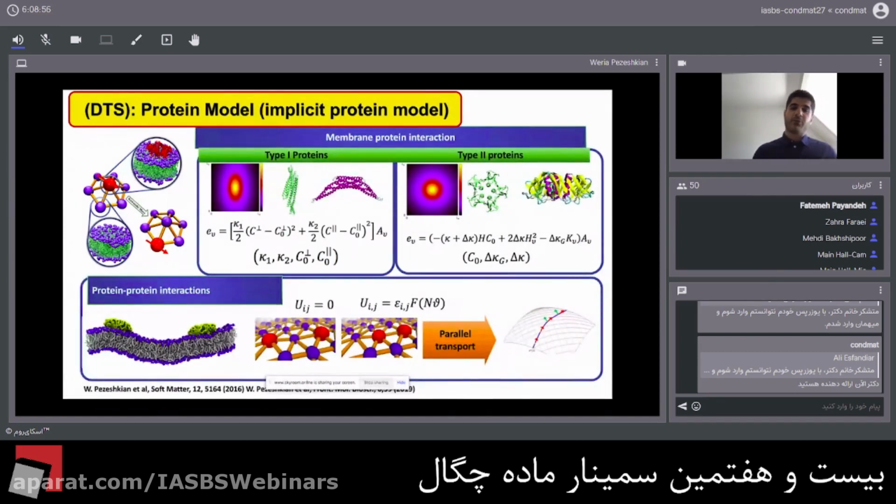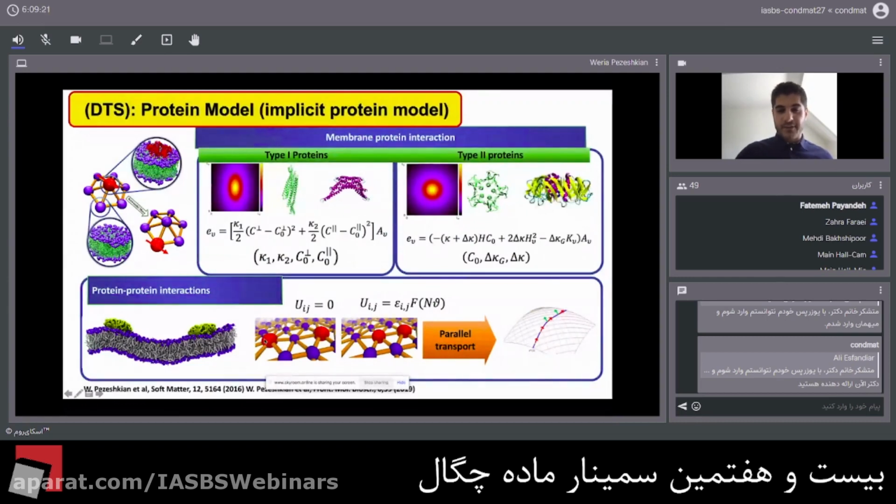And then we also have to include protein-protein interaction. These interactions are a bit tricky, because on a curved system, we have to translate the orientation of these vectors in the direction of the geodesic distance between the 2 vertices that the proteins are on.